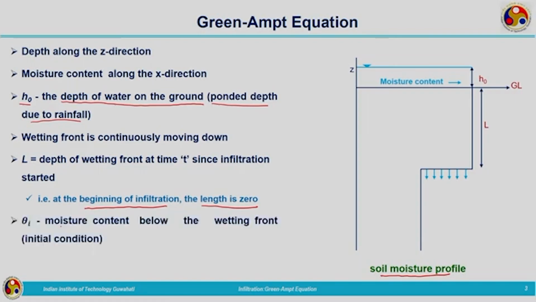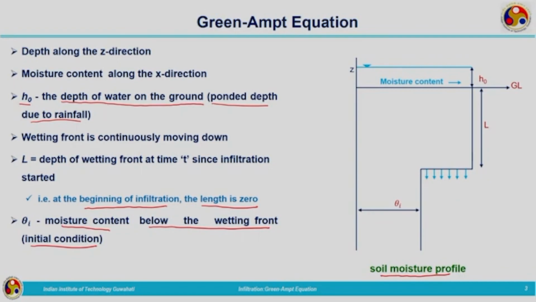Now, theta I is the moisture content below the wetting front, that is the initial condition. At the beginning, or at time t equal to 0, when there was no infiltration, the entire soil had the moisture content of theta I. Once the rainfall started and the infiltration process started, water infiltrates into the ground and the moisture content changes to the moisture content at that particular time t.